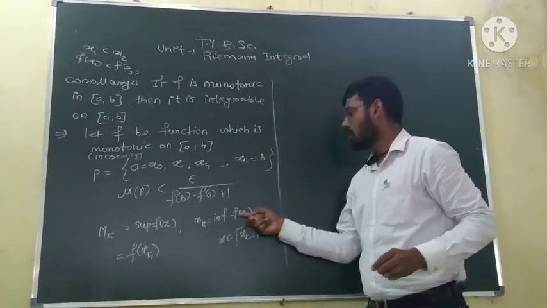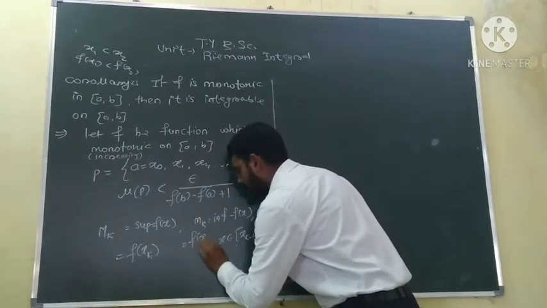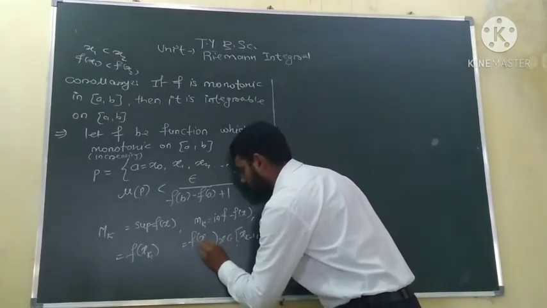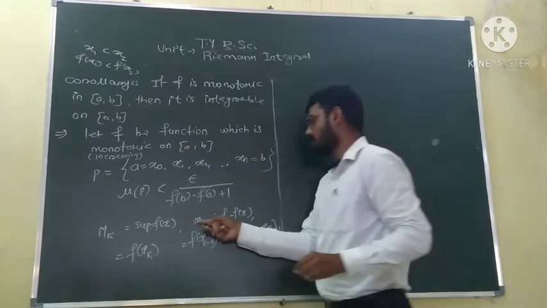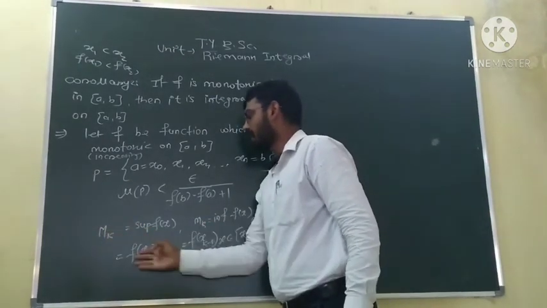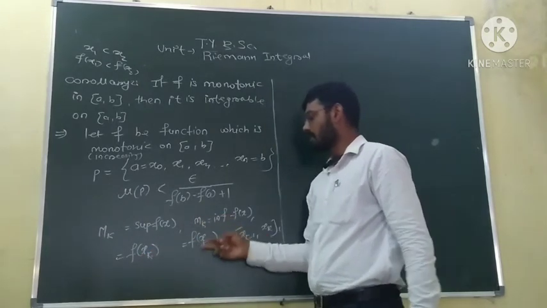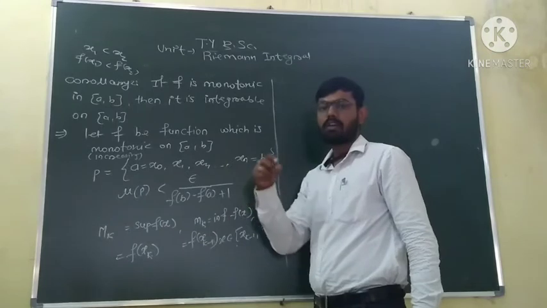So small mk is equal to f of xk minus 1. This is our small mk. So we have got capital Mk and small mk: capital Mk is f of xk and the minimum value is f of xk minus 1 for each interval.